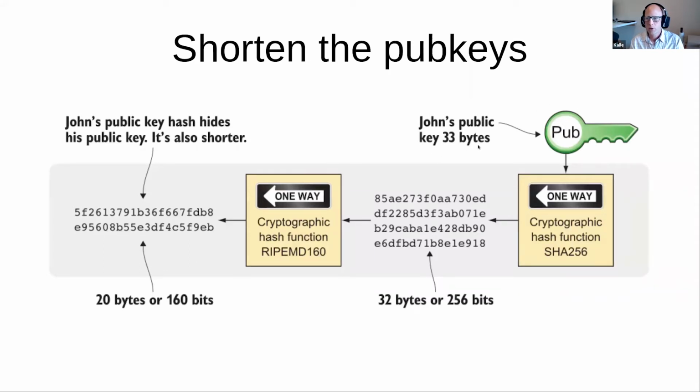So let's have a look at John's public key, which is 33 bytes. If we hash it with SHA-256 and then hash that result with RIPE-MD160, you will get a 20 byte result, or 160 bits. RIPE-MD160 is just another cryptographic hash function.